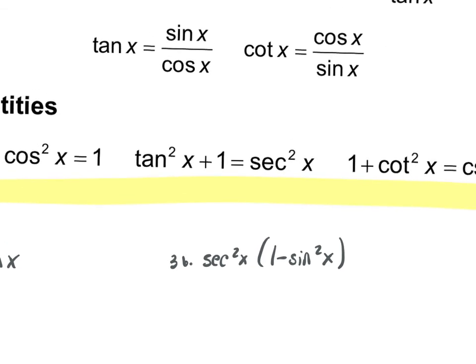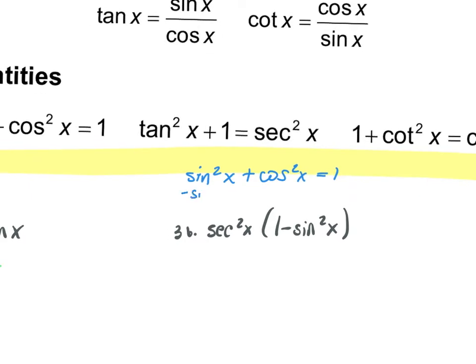Cosine. Yep, look, I have our most basic trig identity, which we'll talk about a million times. Sine squared x plus cosine squared x equals 1. If I subtract sine squared from both sides, 1 minus sine squared x equals cosine squared.